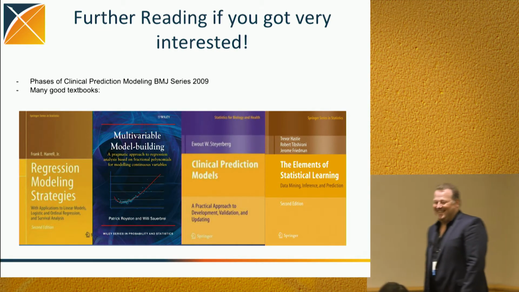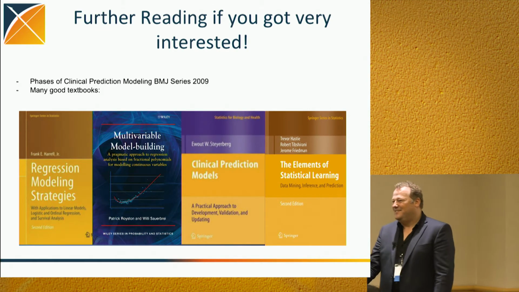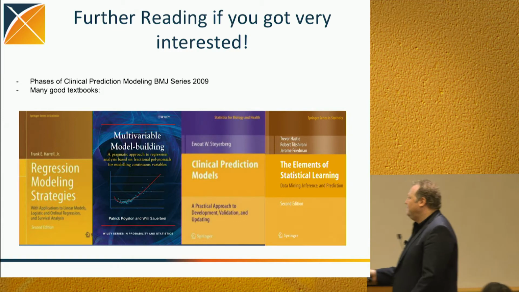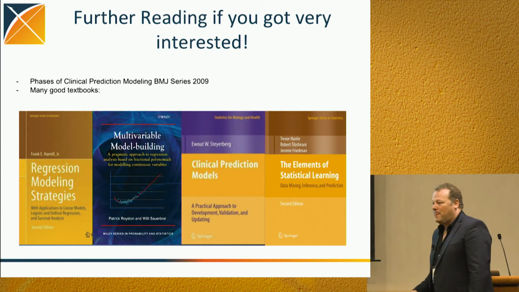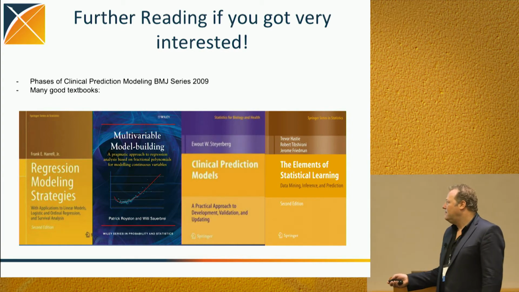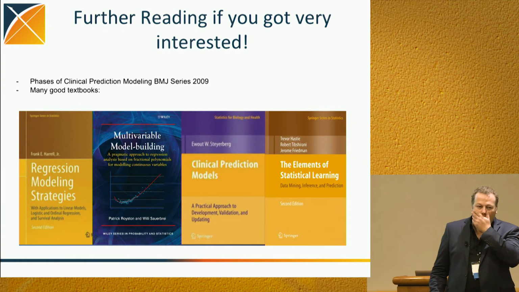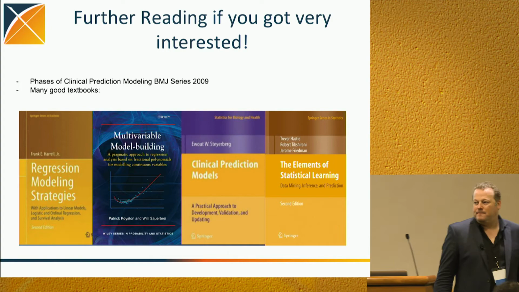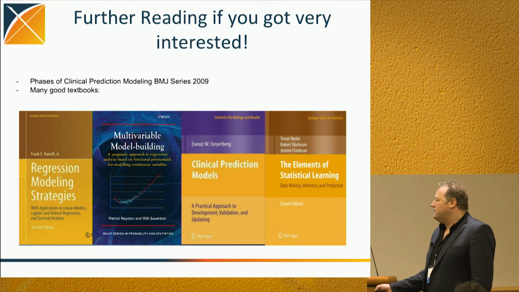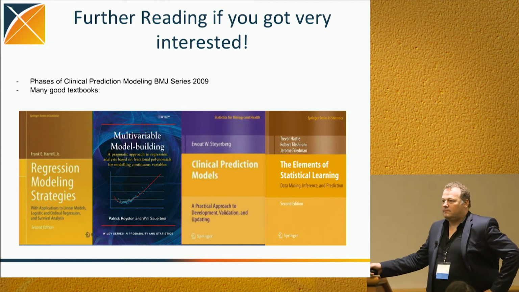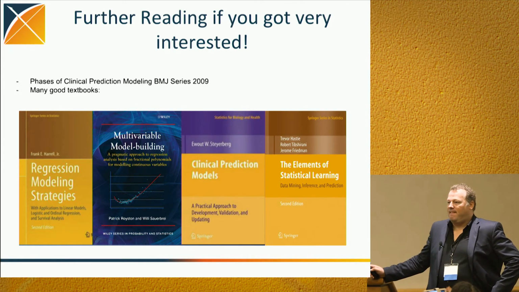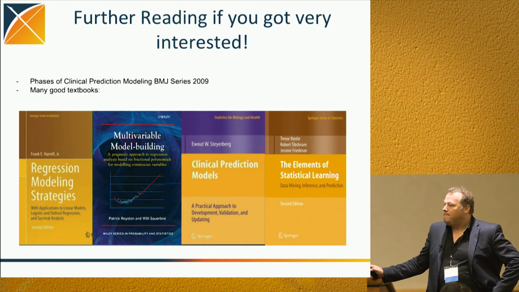So let me be very honest. The regression text by Frank Harrell is really a classic, and that inspired me for a more practical version. The one on the left is more thorough, has more formulas, more computer code, more R scripts. The second, multivariable, is by my friend Patrick Royston and Willi Sauerbrei. They focus on modeling non-linear regressions, and that is the kind of thing that OHDSI takes up naturally, I think, in the model approach, or you dichotomize.